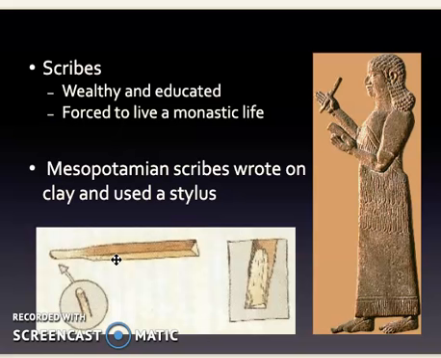So that is how we are able to know a lot about what happened in Mesopotamia, because these scribes, yes, they used it for business, but a lot of it was recording what was going on at the time. And we are able to decipher these because we found a stone called the Rosetta Stone, which is a translation stone.